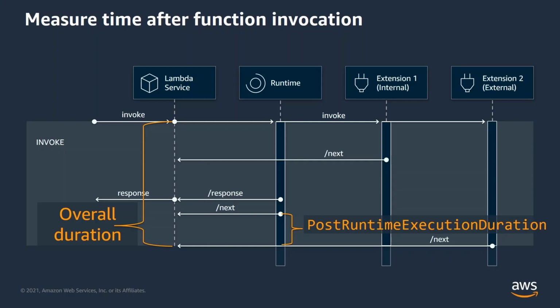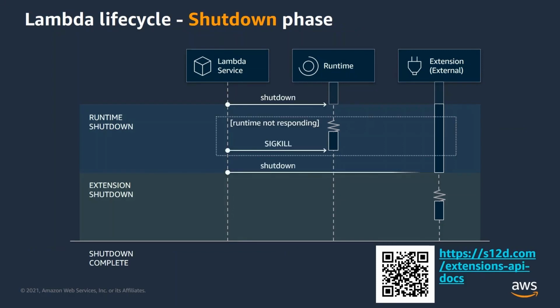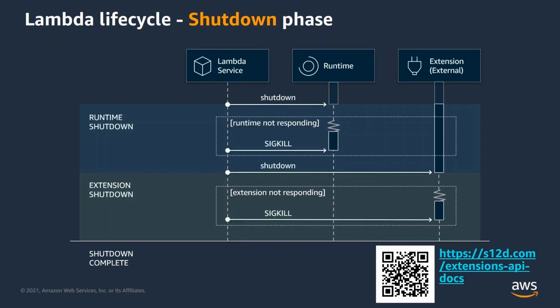And that's the extra time extensions take over and above the runtime. To measure the increase in memory used, you can use the max memory used metric and run different versions of a function side by side to understand the impact of a specific extension. And again, you can see the shutdown phase flow diagram in the documentation.